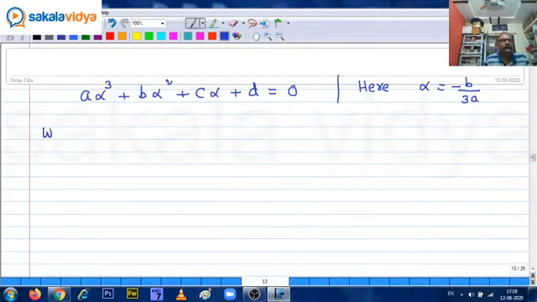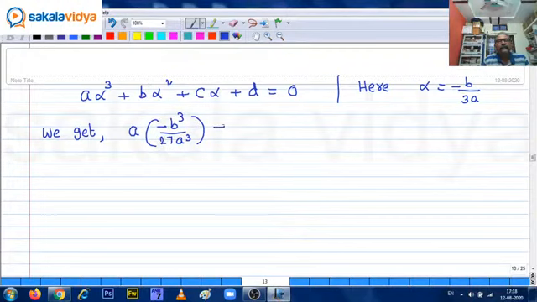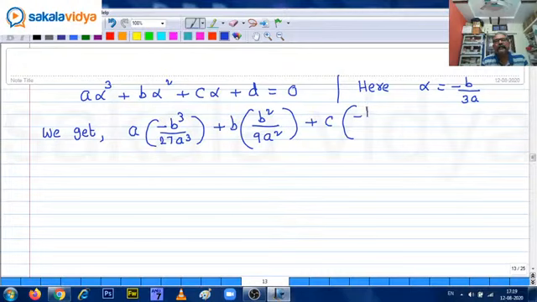Replacing, we get a times minus b cube upon 27a cube plus b times alpha square, alpha square means b square upon 9a square, plus c times alpha, means minus b upon 3a, plus d equals 0.